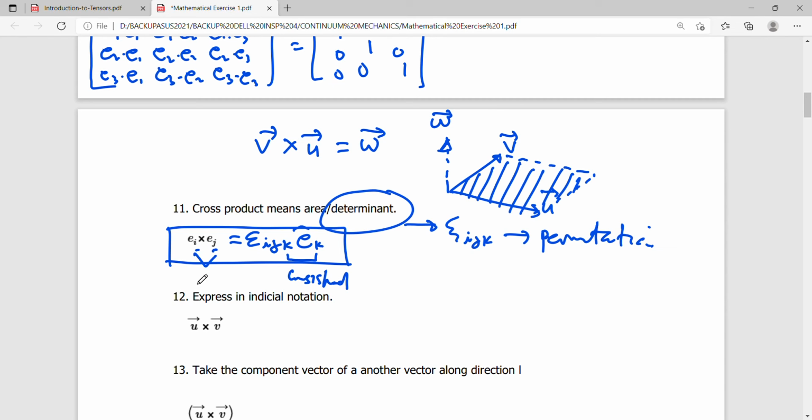I have 2. On the right side? I have 2. So they are consistent, so the order of this equation is consistent as far as the left and right hand side is concerned. Okay, so that's the meaning of a cross product.